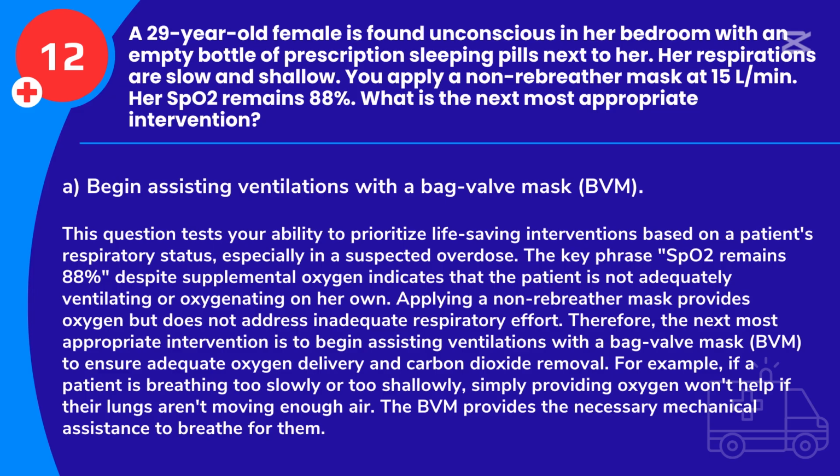Therefore, the next most appropriate intervention is to begin assisting ventilations with a bag valve mask, BVM, to ensure adequate oxygen delivery and carbon dioxide removal. For example, if a patient is breathing too slowly or too shallowly, simply providing oxygen won't help if their lungs aren't moving enough air. The BVM provides the necessary mechanical assistance to breathe for them.